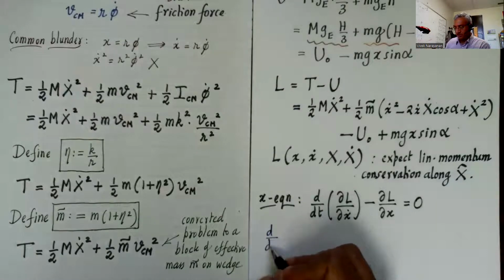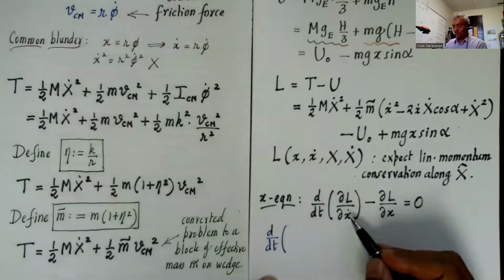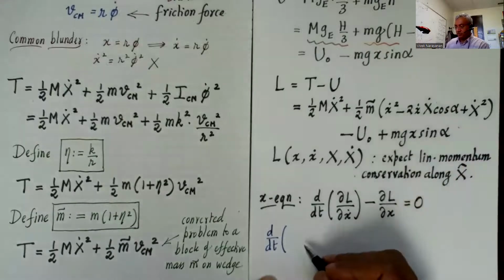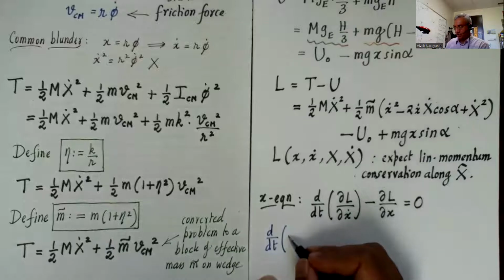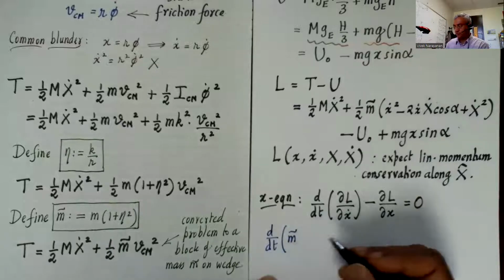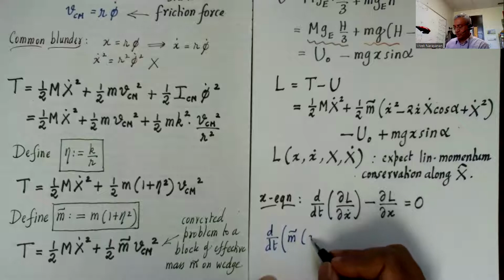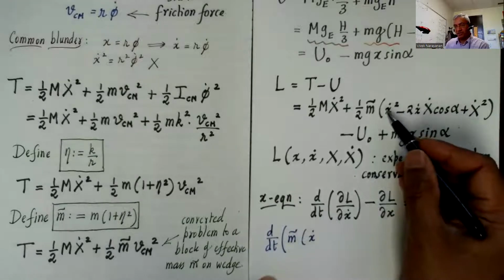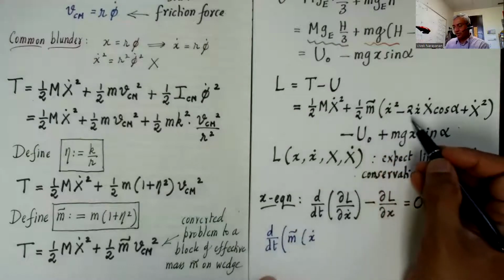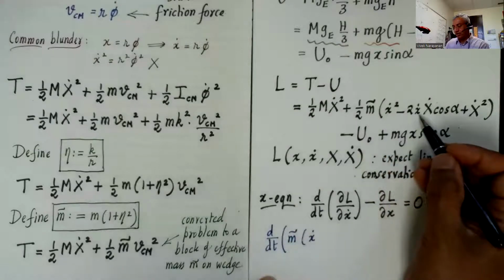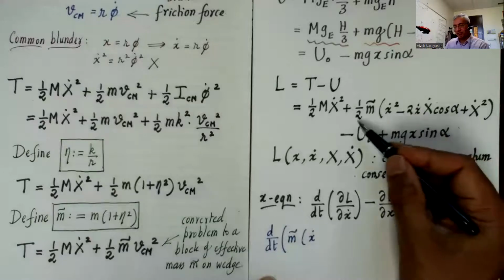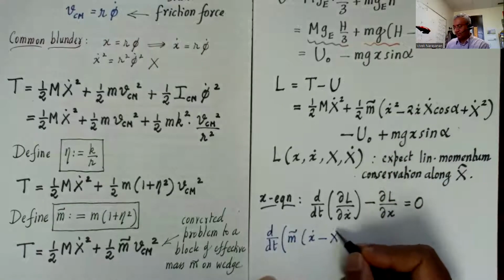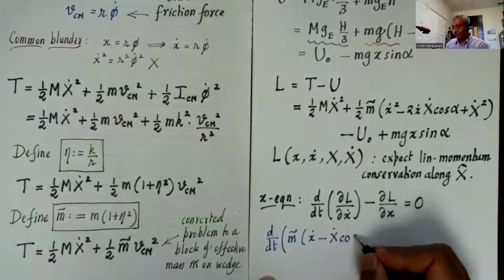So d by dt, when I differentiate with respect to x dot, I pick up a contribution from here and from there. So I'm going to get m tilde x dot. That x dot squared will produce a 2x dot when differentiated, and that 2 will take care of the half. Here, when I differentiate with respect to x dot, I still have a 2 here, which will take care of the half. So I'll lose a 2 in both cases. So little x dot minus capital X dot cosine alpha is what I get.